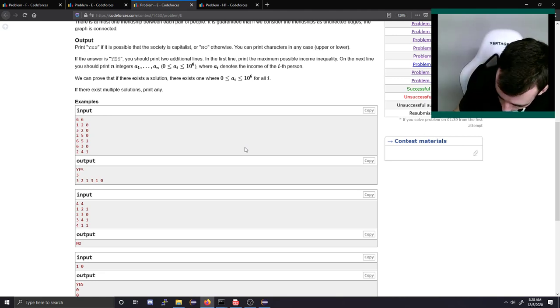Let's draw this as bipartite then. How about that? 6 and 2, and then we have 1, 3, 4, 5. So 6 has a line to 5, and then an unknown to 3. 2 has an unknown to 5, 3, 1.